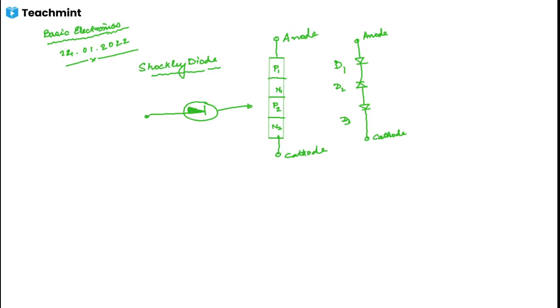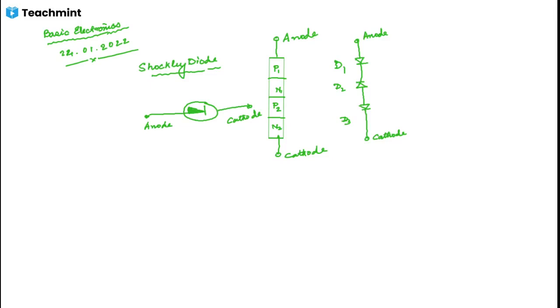This is the anode, this is the cathode. So this is our Shockley diode.